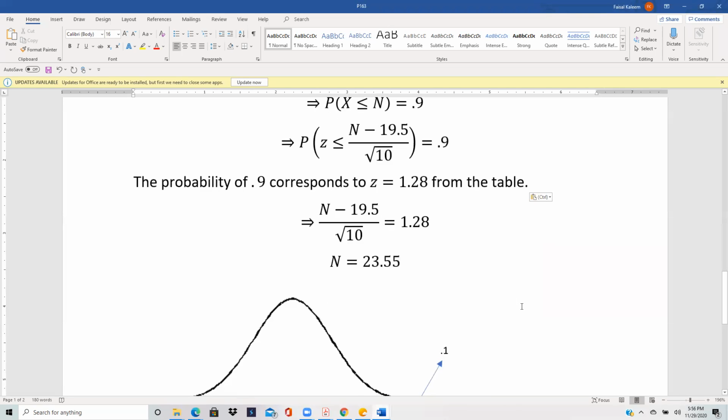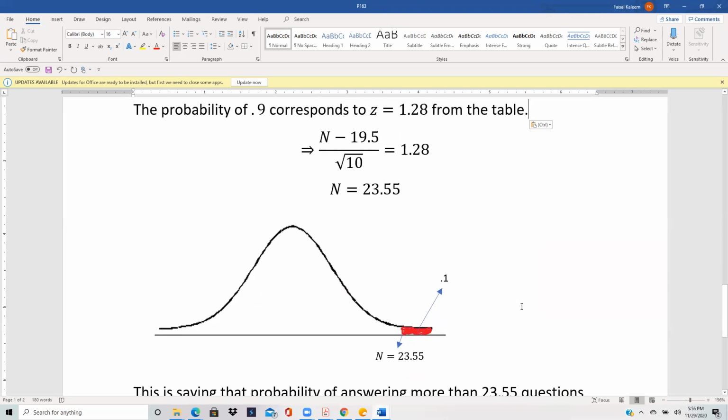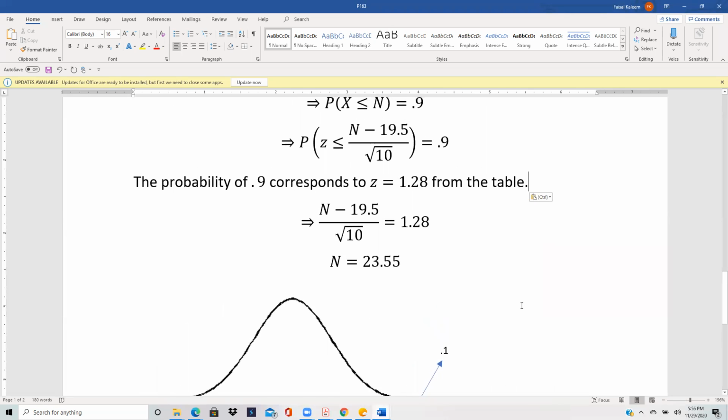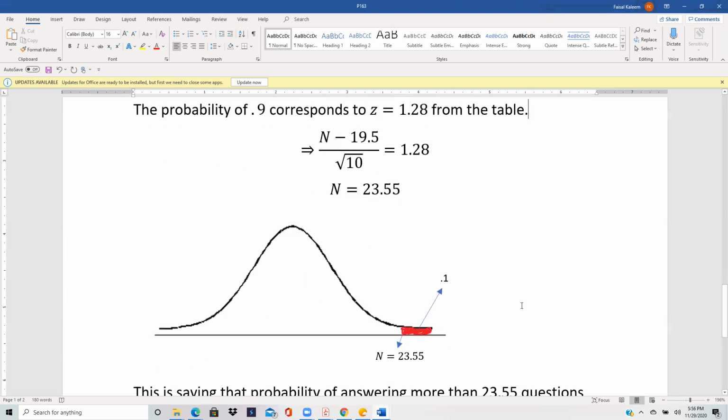So here's the picture. The whole thing started from setting the probability equal to 0.1, and that was corresponding to n equals 23.55. So we're talking about probability being greater than 0.1. So this is the area which represents a probability of 0.1, and that corresponds to n equals 23.55.